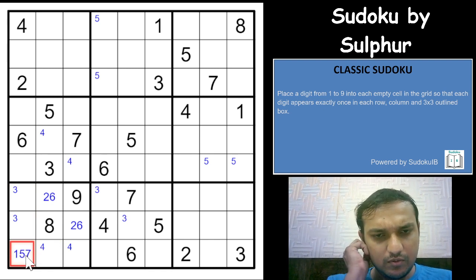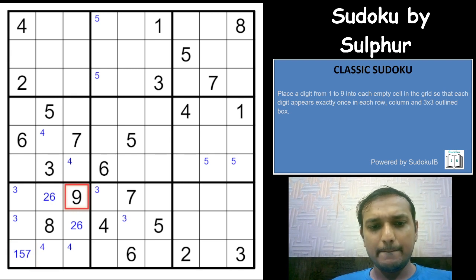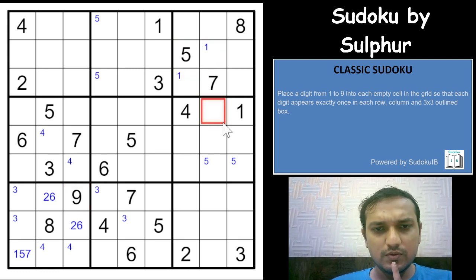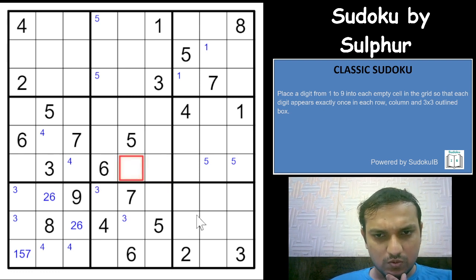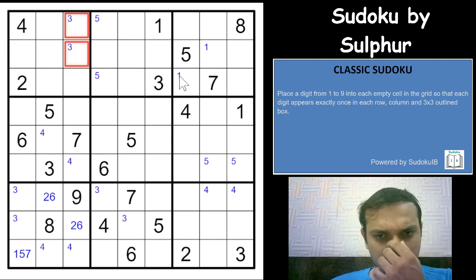1, 5 and 7. One in one of these two cells, 4 in one of these two cells, and 3.